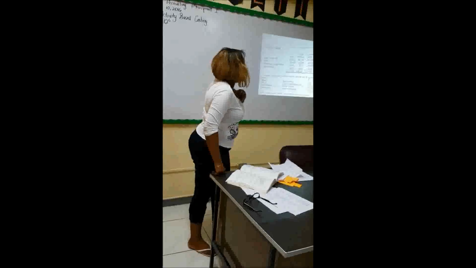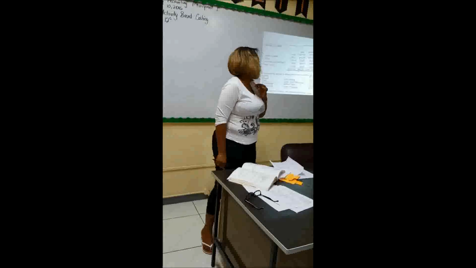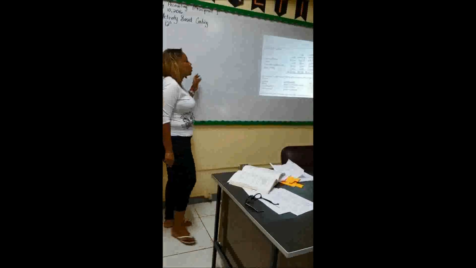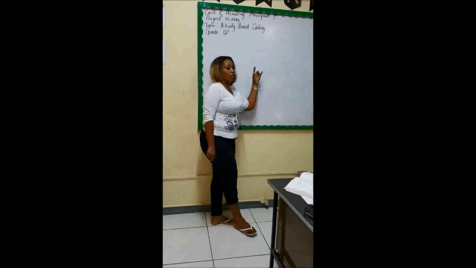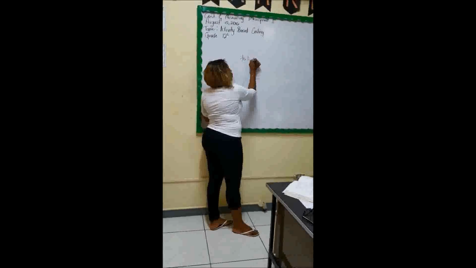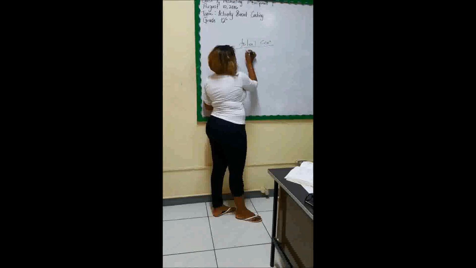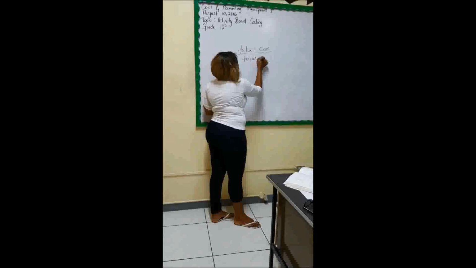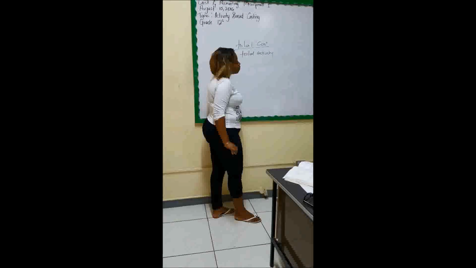Calculate the activity rate for volume, order processing, and customer service. And we know that the formula to calculate ABC costing is total cost divided by total activity. Wonderful. Very good. Alright, let us plug in some figures.